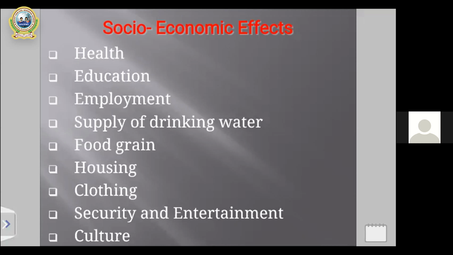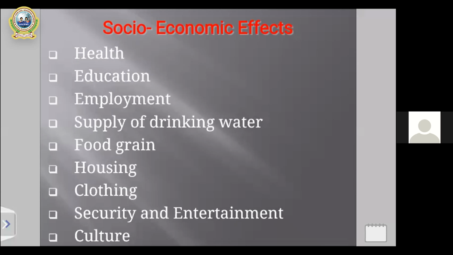Socio means in society, and economic means affecting the economic condition of the nation. Rapid population growth adversely affects society, economic condition, and the environment also.